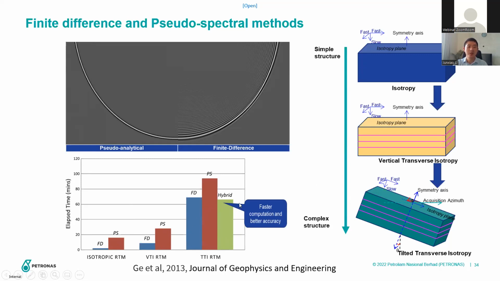The reason that we use the hybrid method is that in the TTI RTM, the processing time is considerably faster compared to the pure finite difference and pure pseudo-spectral. This picture is courtesy of Ge, who published the paper in the Journal of Geophysics and Engineering in 2013.